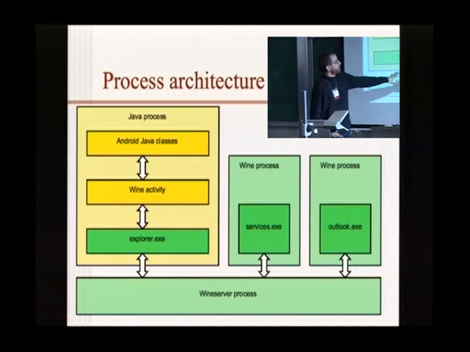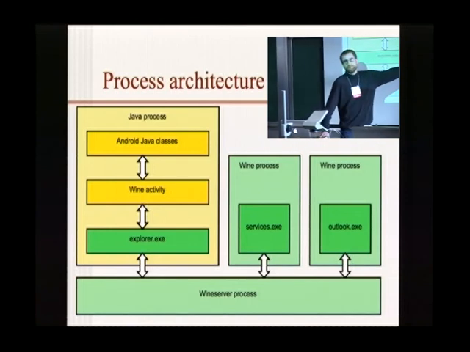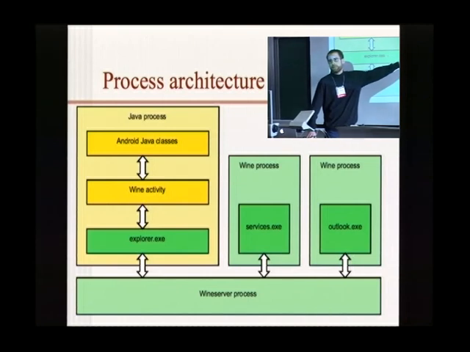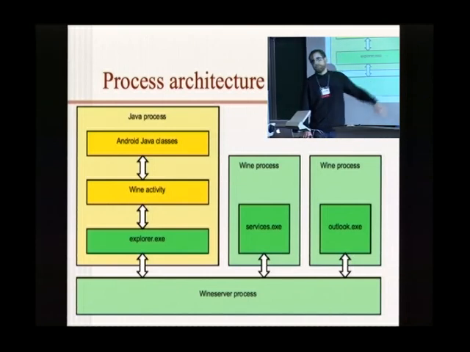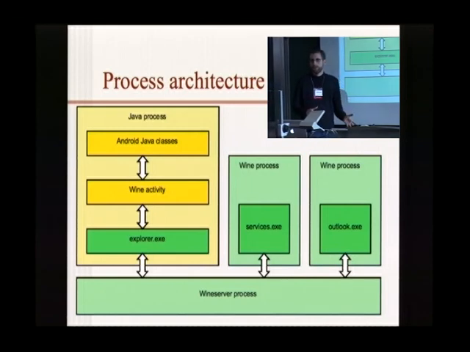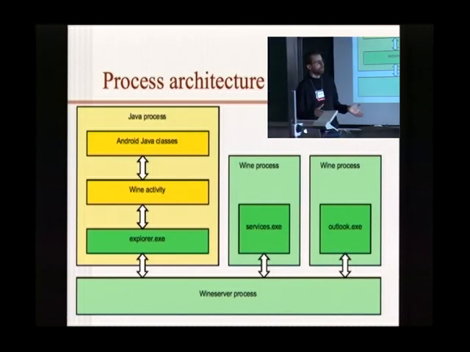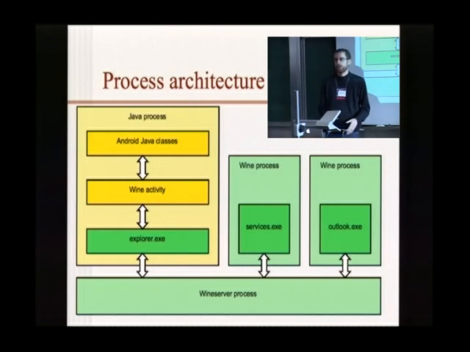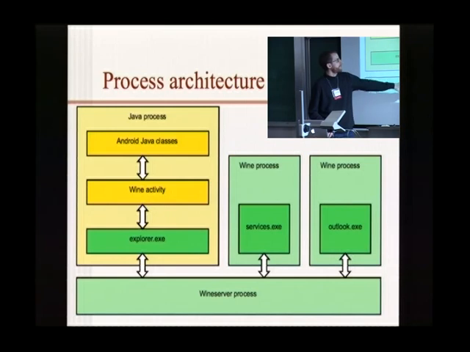The advantage of doing it this way is that we have plain wine processes here. We control the address space layout. We can use the wine preloader to set up the address space. We can have signal handlers. We can do everything we do on Linux. Basically, it's a standard Linux process.